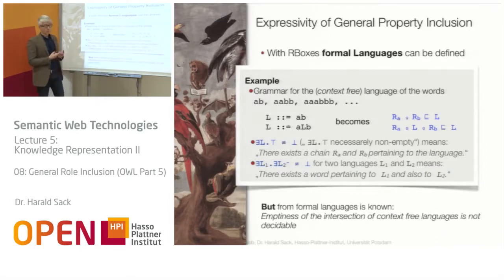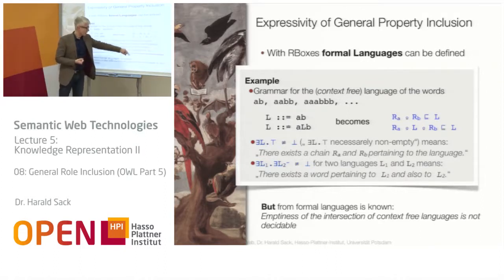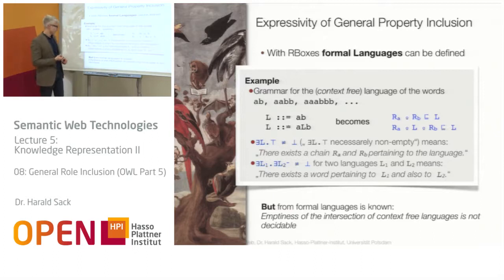And you know from formal language theory that the emptiness of the intersection of context-free languages, so whether a word belongs to both or not, is not decidable. So this is a heavy problem, and it cannot be solved in that way. It's undecidable, it's uncomputable.